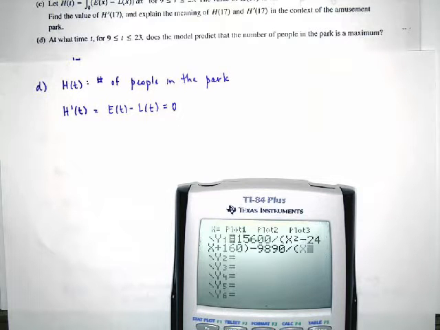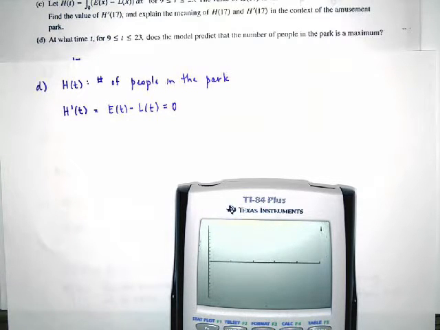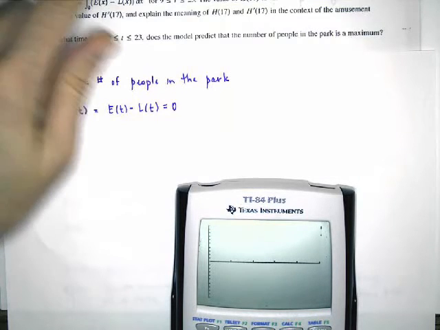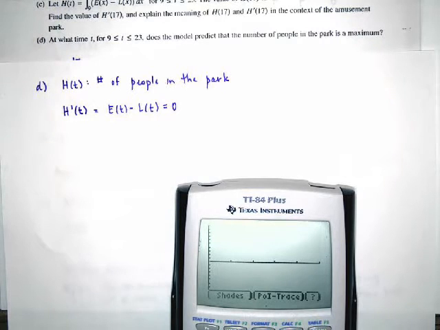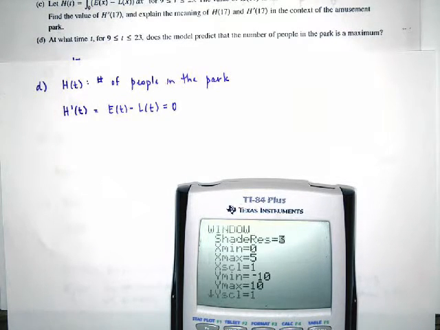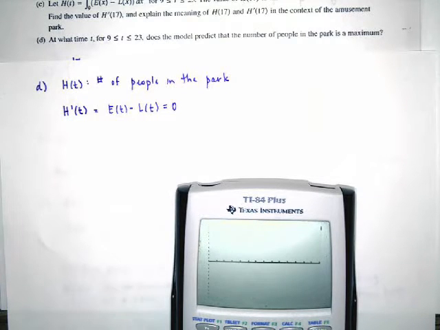And again, I highly recommend that you're doing this on your own calculator with me so you can make sure that you're getting your parentheses right and all your formatting's okay. So we'll go ahead and graph it. I'm going to have to change my window. I'm going to change my x values between 9 and 23, since I know that's my domain for this function. So I'll go to Window, change x from 9 to 23, and we'll see where we cross the x-axis here.